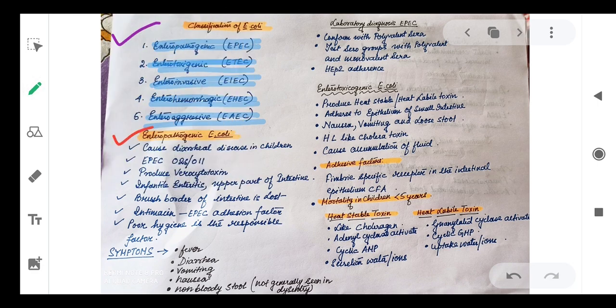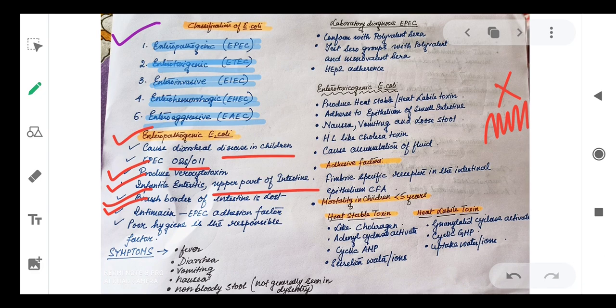So enteropathogenic Escherichia coli causes diarrheal disease in children. These are the virulence factors: O26, O111, produces verotoxin causing effect in the vero cells. Infantile enteritis, and the upper part of the intestine is affected. The brush border lining of the intestine is lost.